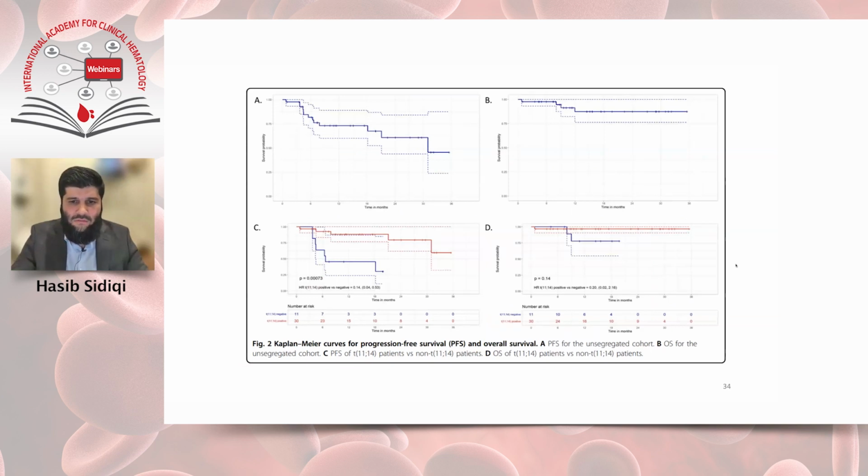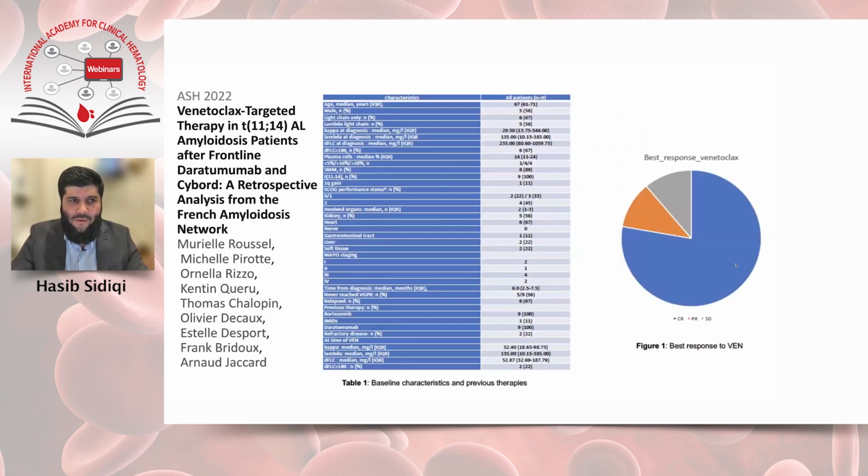Again, you can see on these survival curves in this study that those with translocation 11-14 had a significantly better progression-free survival, no difference in overall survival, but a low number of events to draw large conclusions on this.